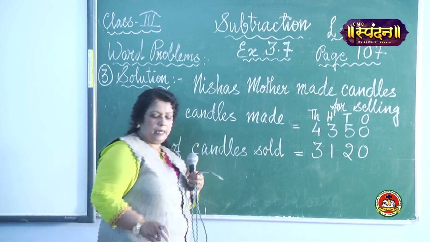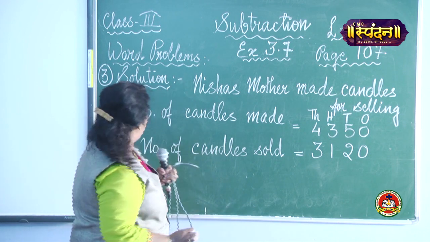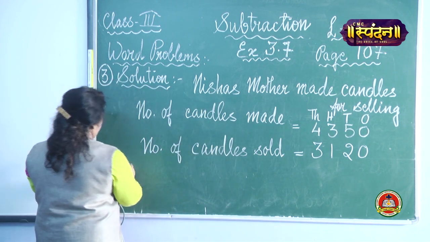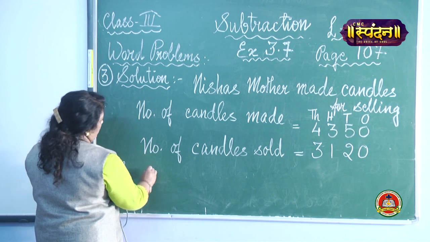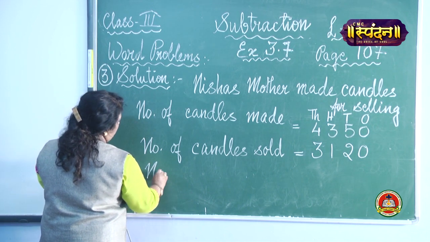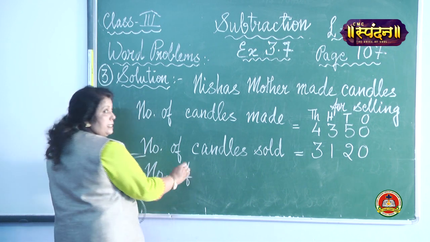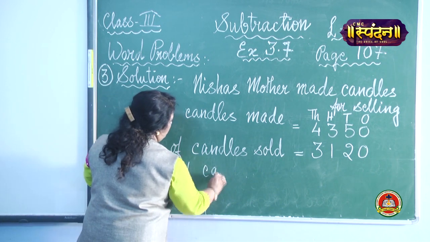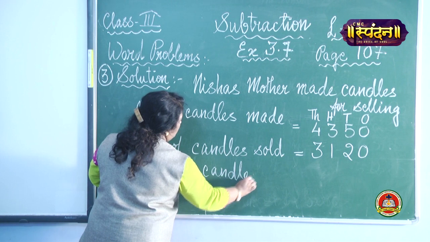So third line will be therefore number of candles left. Therefore 3 bindi number of candles left.